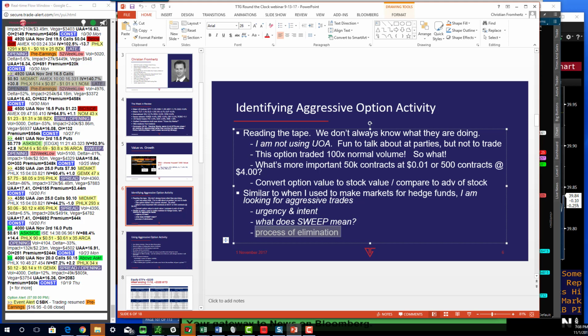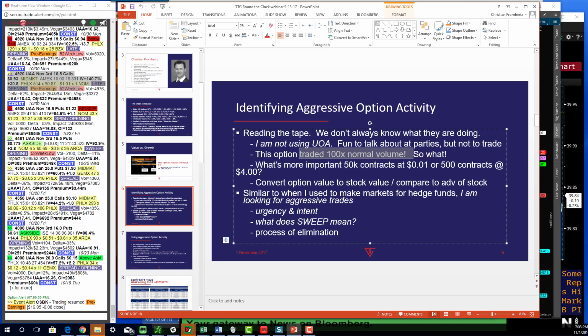One other, I just remembered something else here. One other way when we talk about normal time volume, right? The other thing that you can do to see if it's really unusual, if it truly is trading at multiples of volume, is convert an option position to stock, and then figure out how many shares that was.